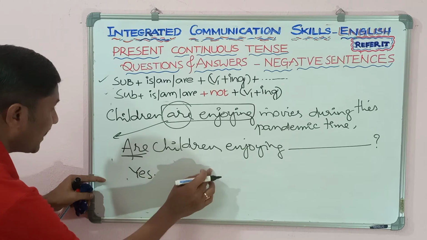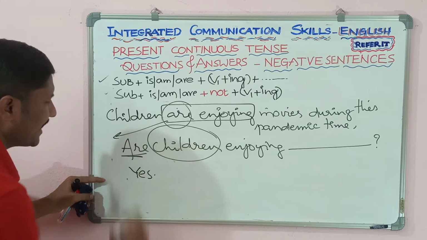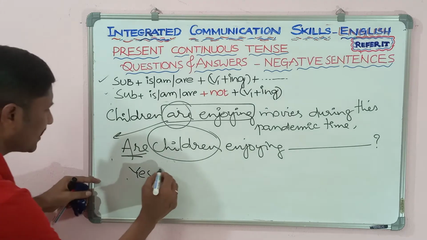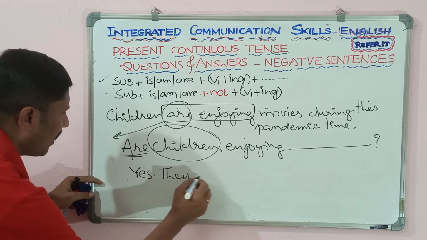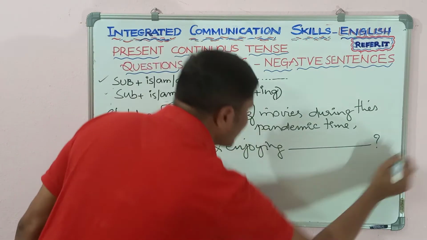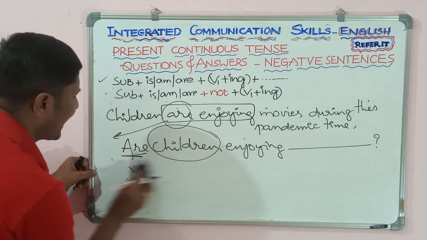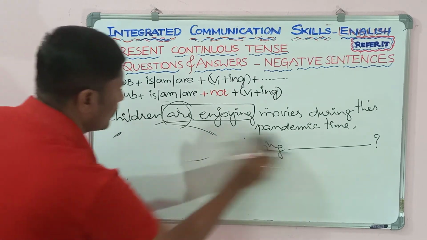What is the pronoun that we have to use here? Children is the plural noun, so write: Yes, they are. You need not write the complete answer for this question. Next, you can write the negative sentence for this.